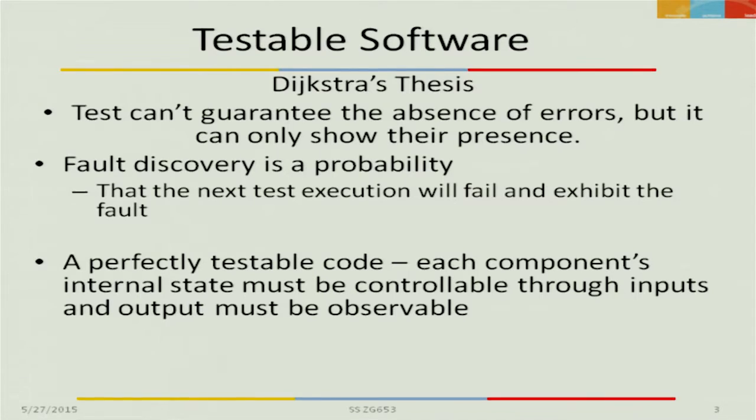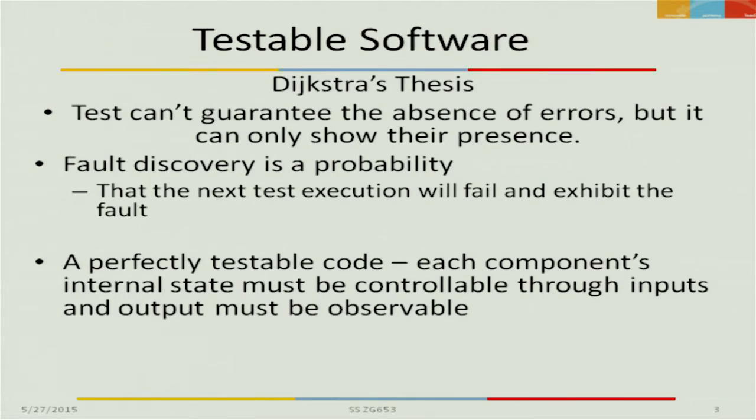So let me repeat this. Perfectly testable code is a property of code where each component's internal state must be controllable, meaning that when you supply a different input, this particular code you can imagine as a blob, as a black box, and there are a set of inputs and a set of outputs.